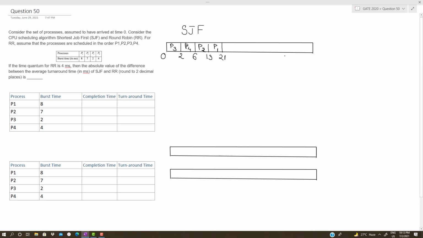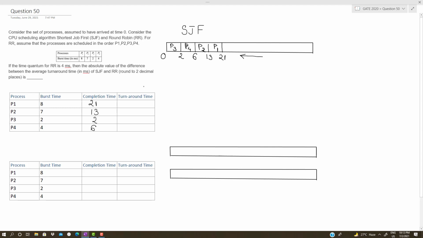So now we'll read from the right, and we see that 21 is the time when process 1 finished. So at time equal to 21, process 1 finished. Time equal to 13, process 2 finished. At time equal to 2, process 3 finished. And at time equal to 6, process 4 finished.